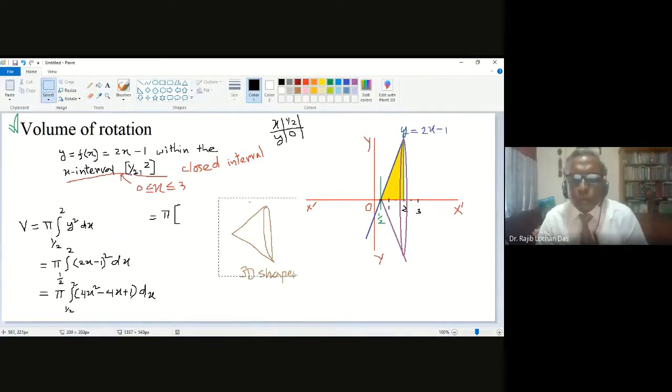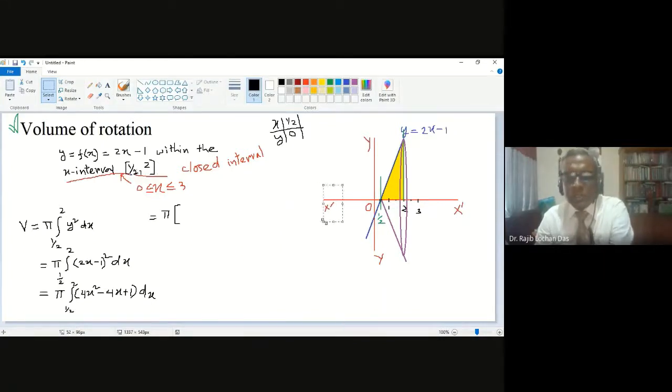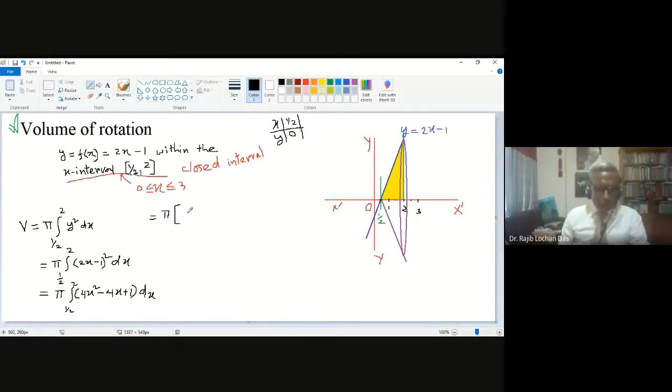It will be 4 into x cube by 3, minus 4 into x square by 2, so it will be 2x square actually, and then plus 1 into x, so it is x. So this is the integration, with lower limit half and upper limit 2.